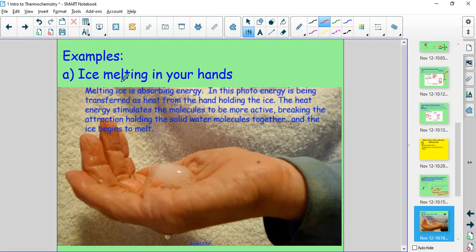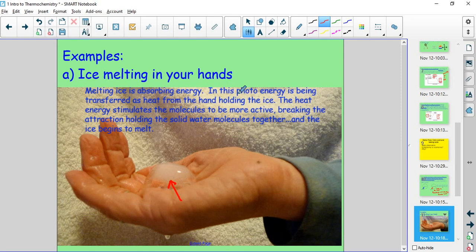Here's an example of a brief explanation on how exactly ice melts in your hands and how this flow of energy occurs. In this picture, we can see a change in phase. What's happening is energy in your hand, assuming your hands are warm enough to melt this ice, is being transferred to the ice cube.